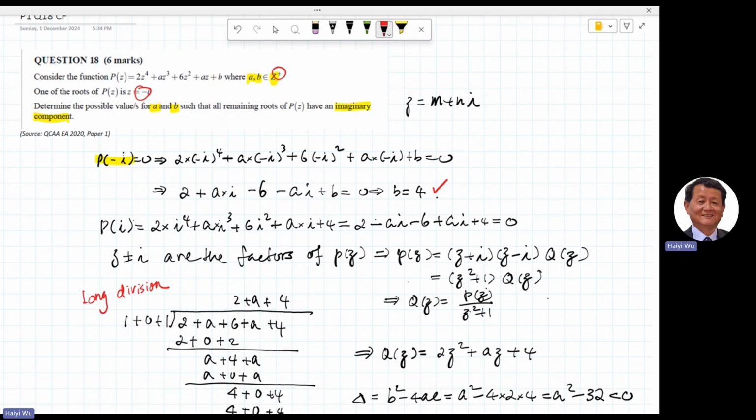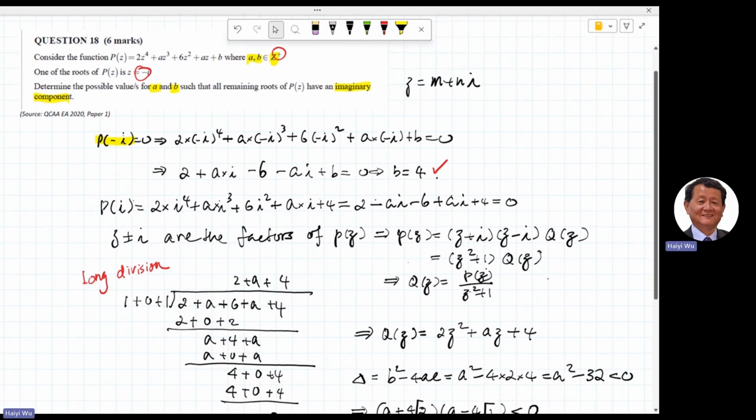So we already decided the b value is 4. Then because of the conjugate, because of the z to the power 4, the other root must be positive i. Positive and negative i is a pair, a conjugate, so it must also equal 0. We verify that by plugging i into the function, and we also prove that it was true.